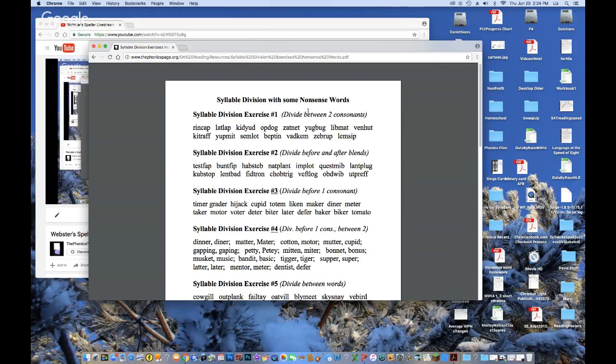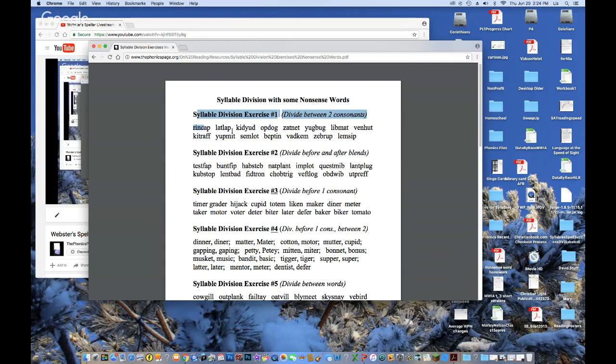And this first one, you divide between 2 consonants, and I have the students find the 2 consonants in the middle and draw a line with a pencil and then sound it out. Like this first one is rincap, and they put a line between the N and the C, and then they'd sound out r, in, rin, and then k, ap, cap. And then once they get good at it, you can let them do it more normally, just like latlip.